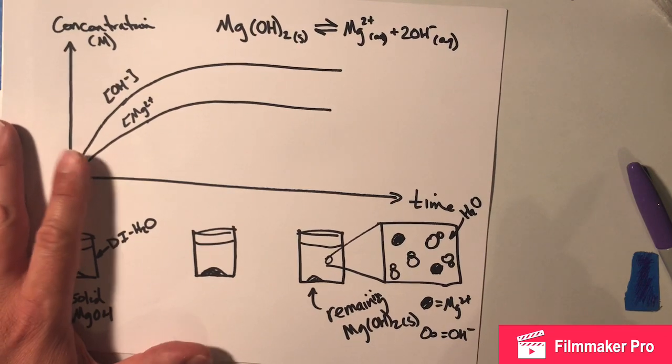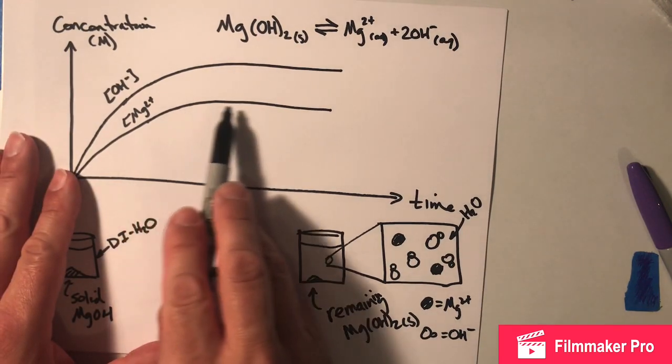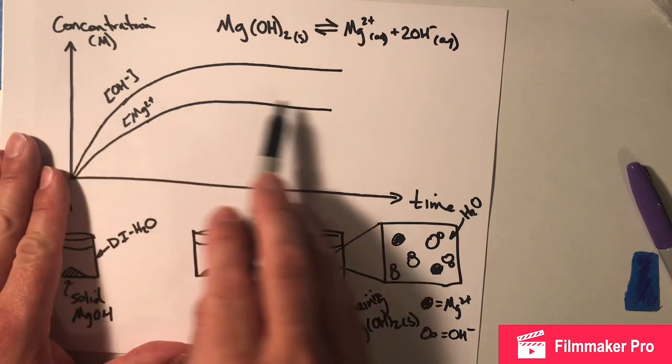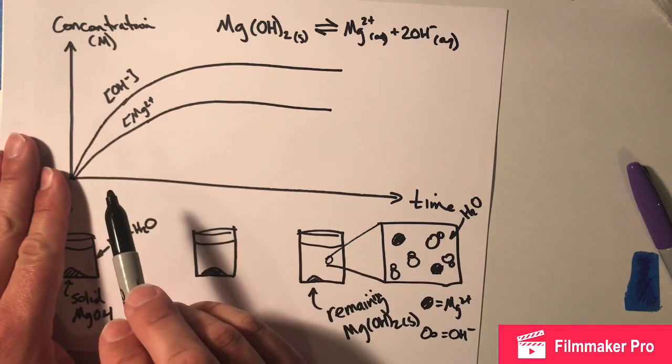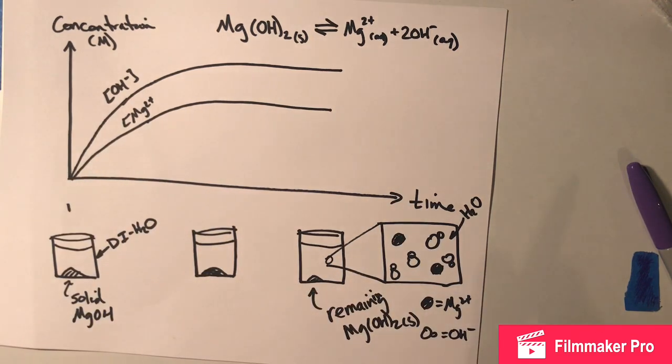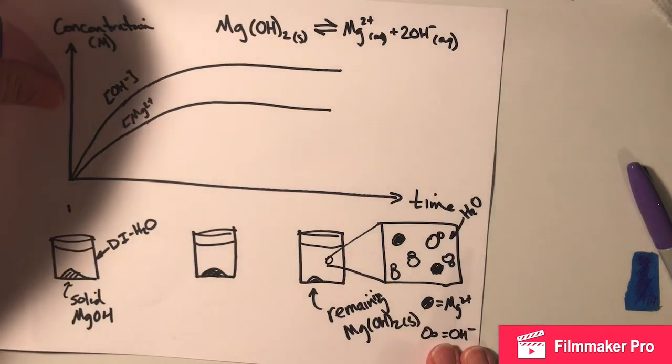So how do we deal with finding these concentrations where they level off? Well, it turns out that there is a way to do that using equilibrium. So we're going to look at the reaction.